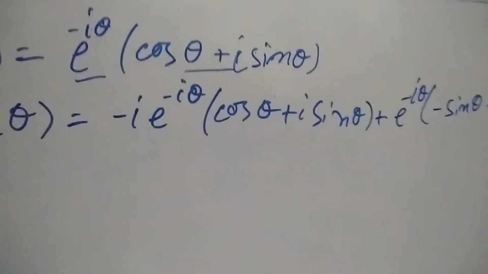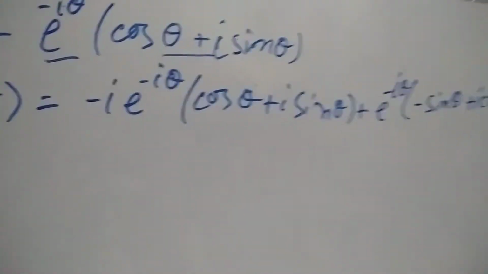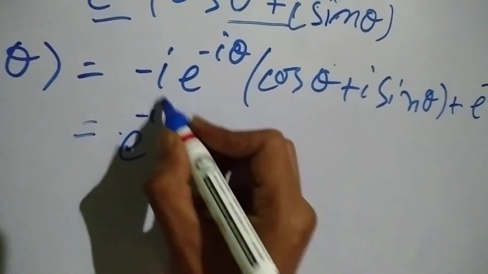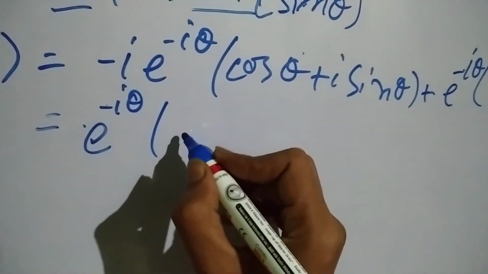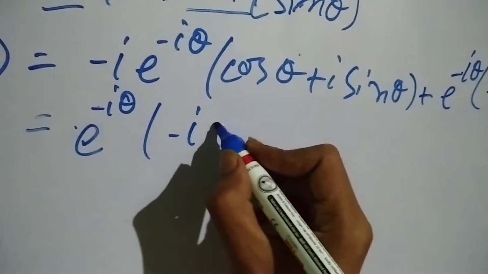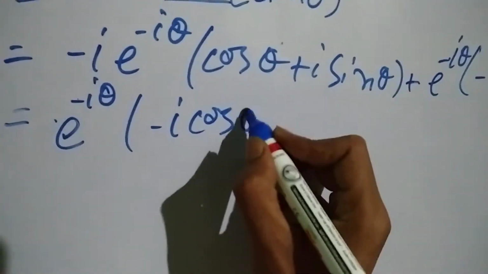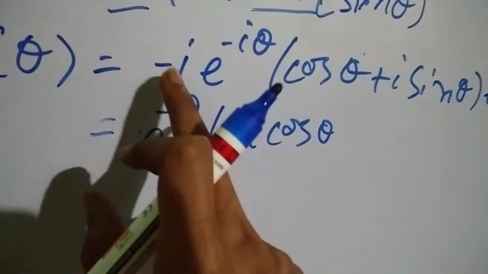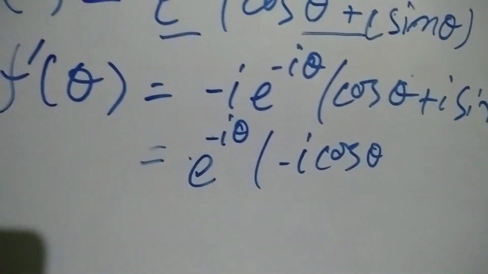Now we will take e^(i theta) common. We know the term i is the imaginary number, and its value is the square root of minus 1.